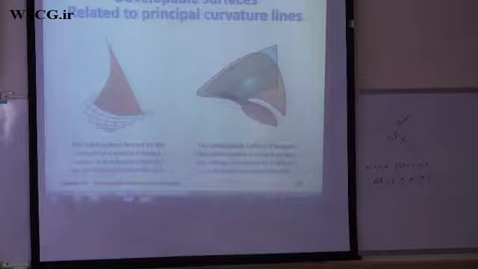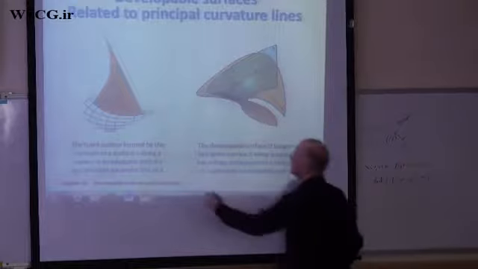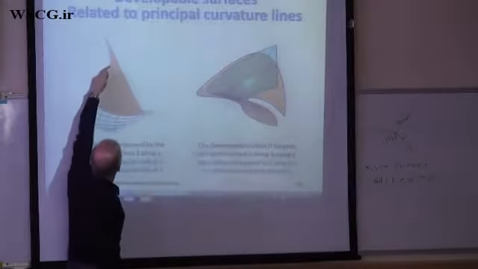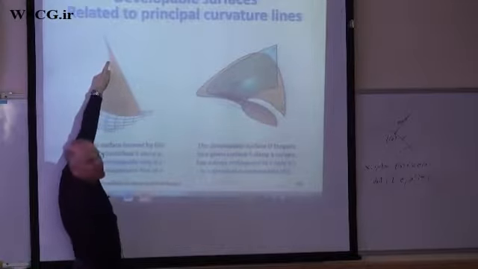If you have a saddle shape, then for one principal direction, this surface will be on one side, and for the other principal direction, it will be on the other side. So it will be on two opposing sides. In fact, these points here on this singular curve, you have here a point, a surface normal, and then this point on the singularity.